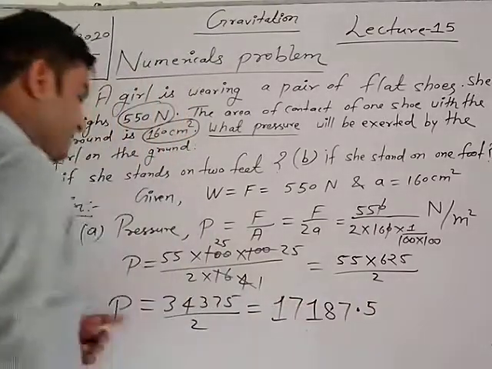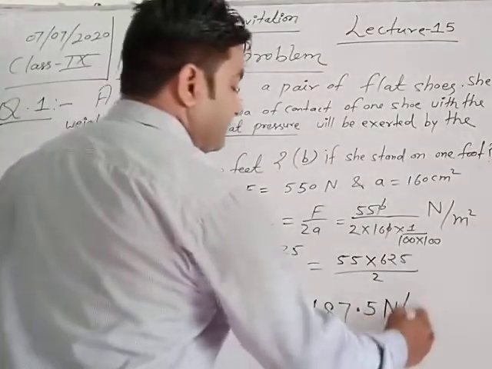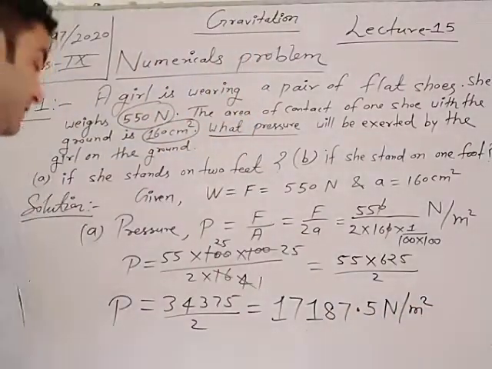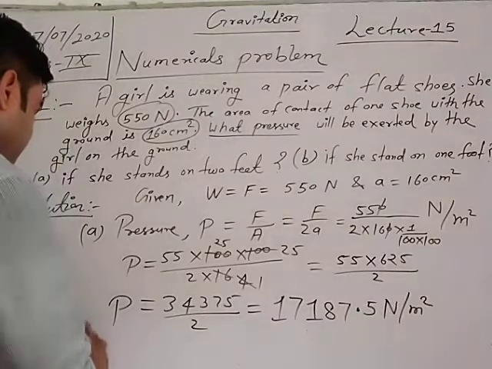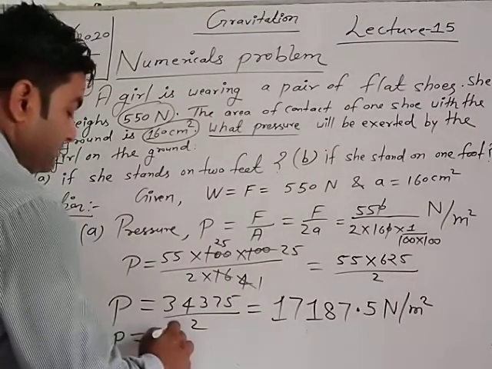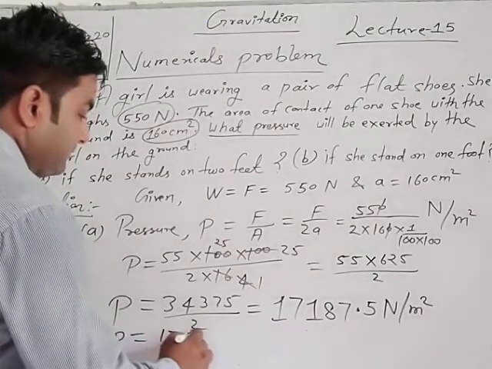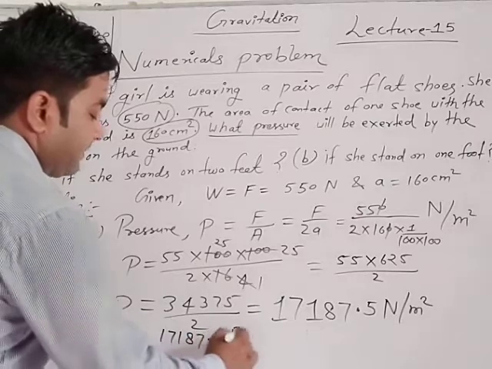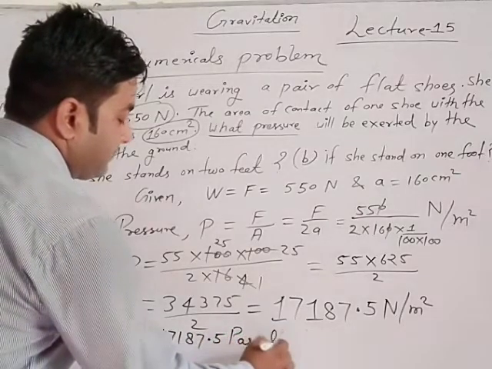This is the pressure, and the unit here is Newton per meter square or Pascal. We can write P is equal to 17187.5 Pascal.